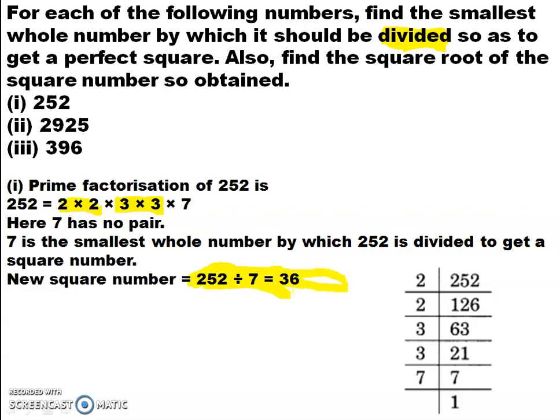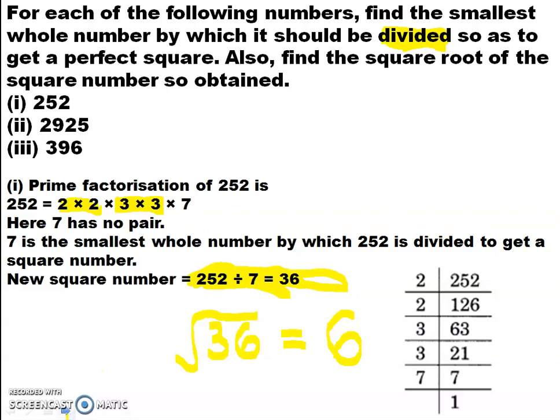So what is the answer? 36. Can you tell me what is the square root of 36? The square root of 36 is equal to 6.